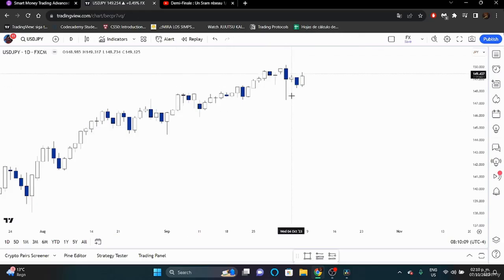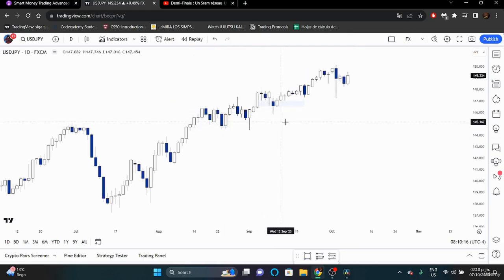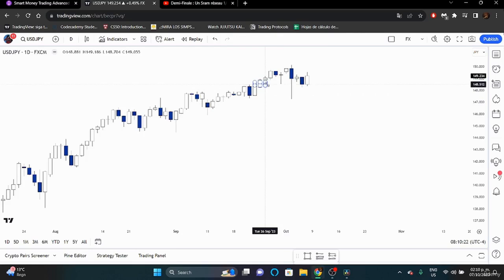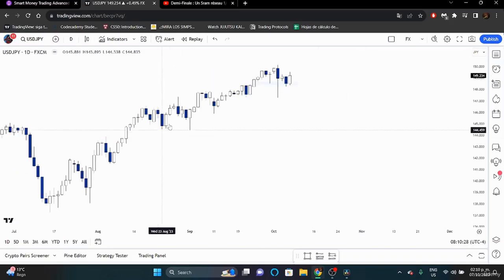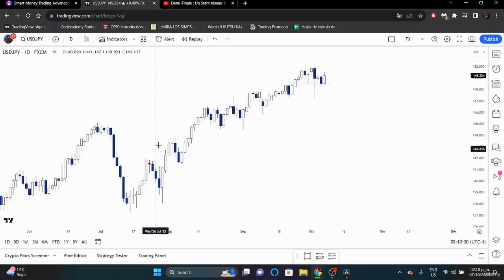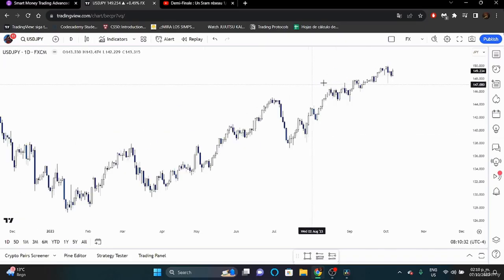We mark a fair value gap as well, which is over here. The price is respecting the fair value gap. We go higher. And right now it's doing the exact same thing. So it's not weird to think that we're going to go higher. It's what we've been seeing here. This is just a manipulation before a continued rally.